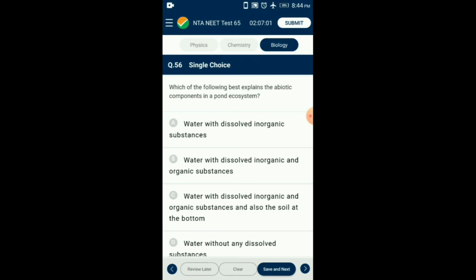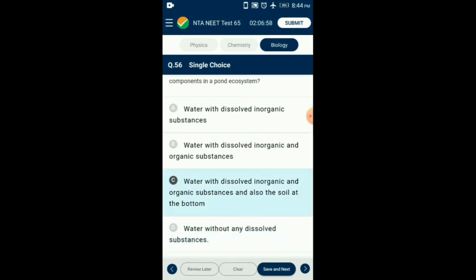So the answer for this question is option C, water with dissolved inorganic and organic substances and also the soil at the bottom.